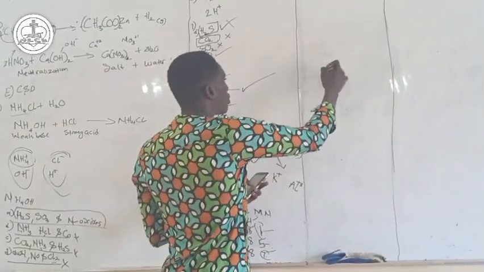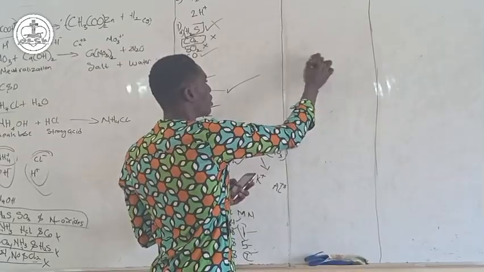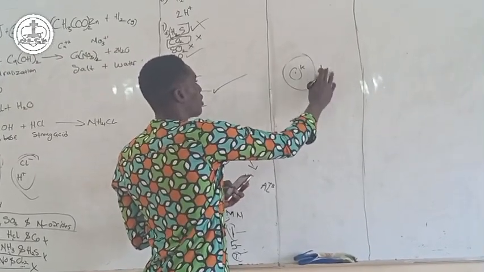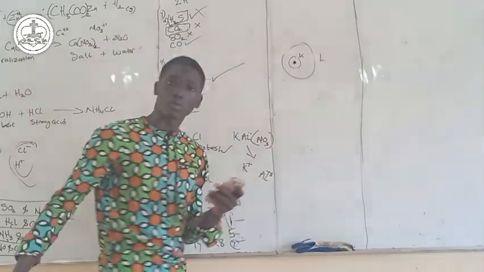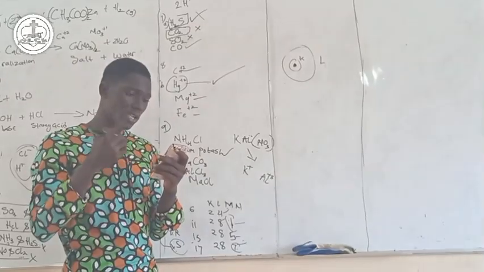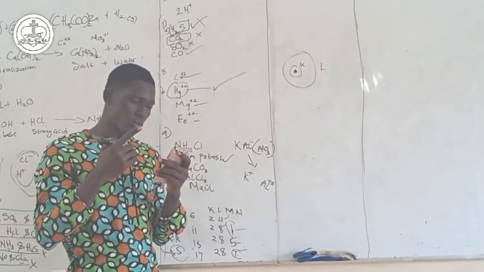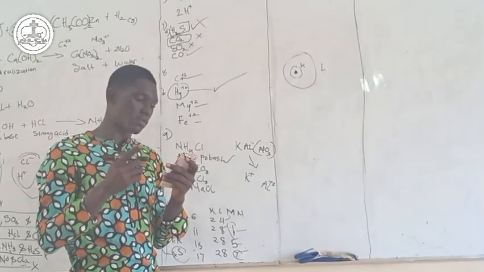If we draw a model of an atom, this is the K shell, this is the L shell. The one closest to the nucleus is the most stable, and K is the closest. So K is the most stable atomic shell, and the answer for that is C.